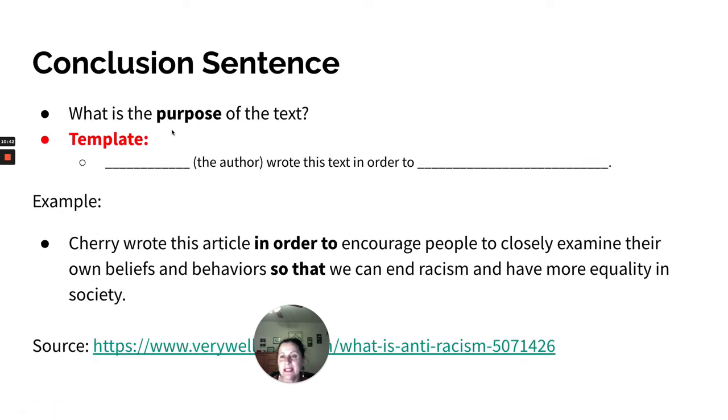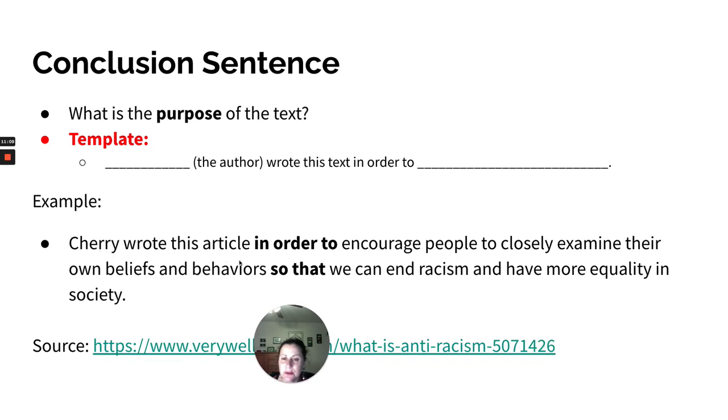And then in the conclusion sentence, that last sentence of your summary, explain the purpose of the text. Why did the author write that book or that article? What is their goal? What do they want the reader to feel or do as a result of reading that text? Here's an example.